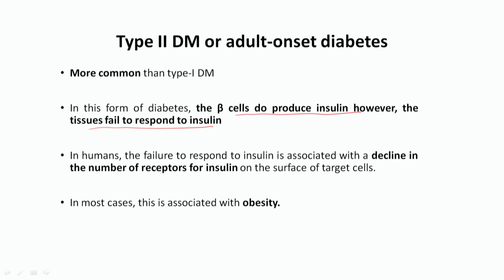Why is it happening? It is due to the development of resistance, or a decline in the receptors for insulin. Mostly this type of diabetes is associated with obesity. If obesity is present in an animal or human being, they are most prone to developing type 2 diabetes mellitus.